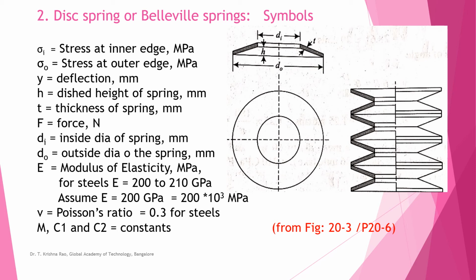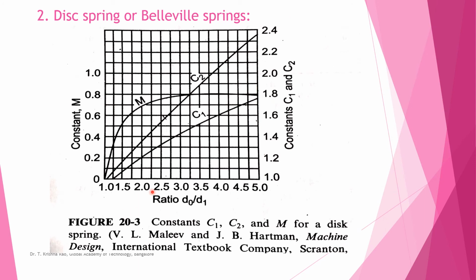I'll show you a graph and tell you how to select these constants. They depend on the ratio of D naught and Di. See this figure here. This is given in our data handbook, table number 20-3, page 20-6. The x-axis is D naught by Di, outside dia by inside dia.